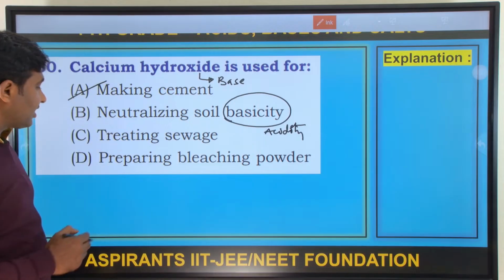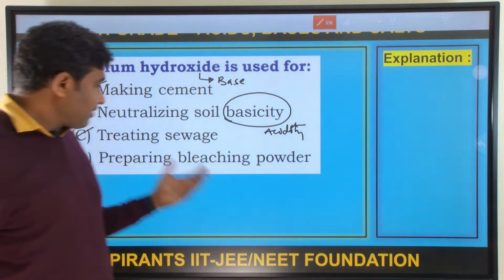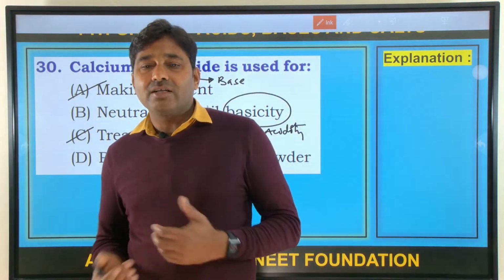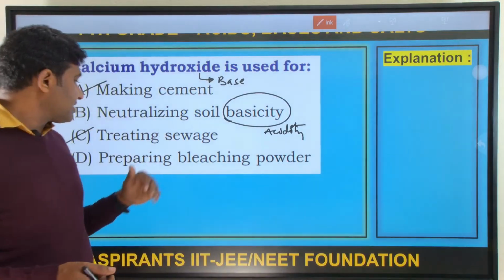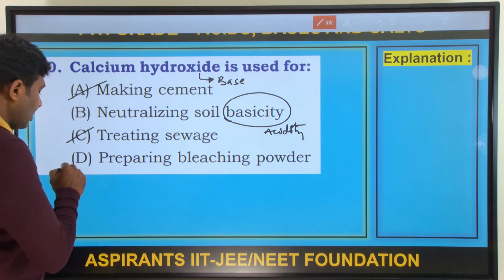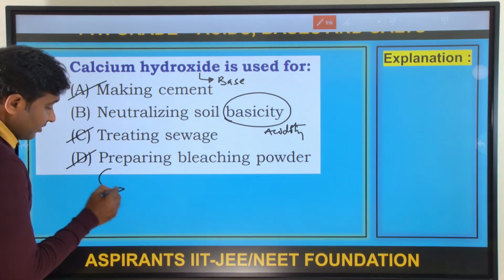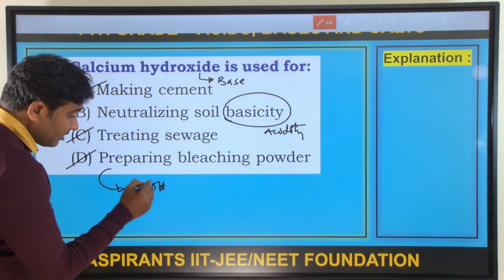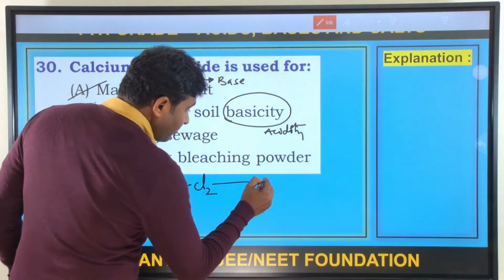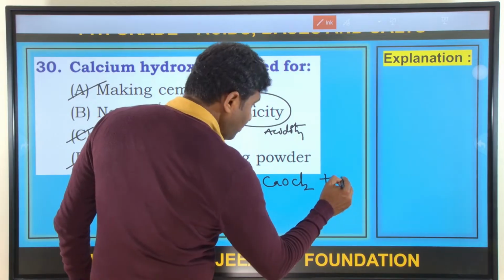Okay, now we come to C. Treating the sewage water. There also we use calcium hydroxide. When we treat sewage with calcium hydroxide, the metallic ions get sedimented at the bottom. In that way, it is used in treating sewage water. And next, preparing bleaching powder. In the preparation of bleaching powder also, we use calcium hydroxide. Why? Because when we treat calcium hydroxide with chlorine, it gives rise to calcium oxychloride, and the remaining part is H2O.